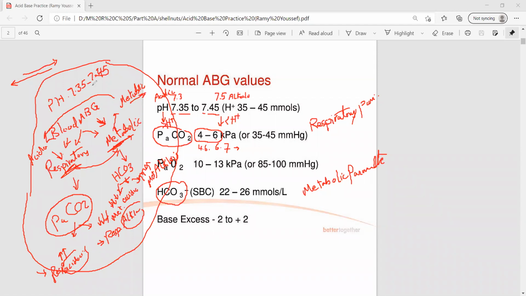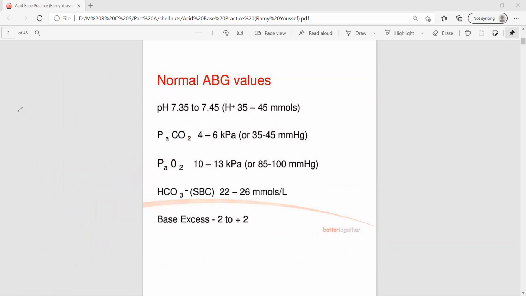Just to know, put this in your mind, very important: if I have a metabolic condition, respiratory compensation can happen within minutes.